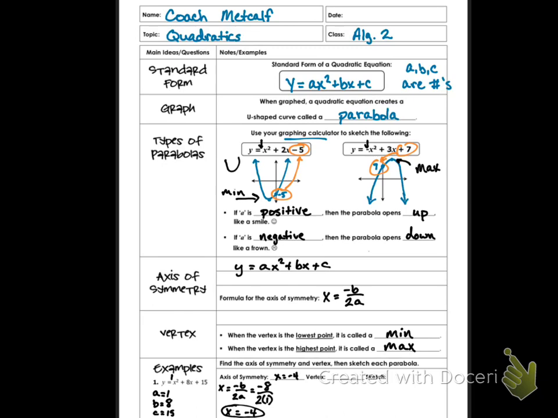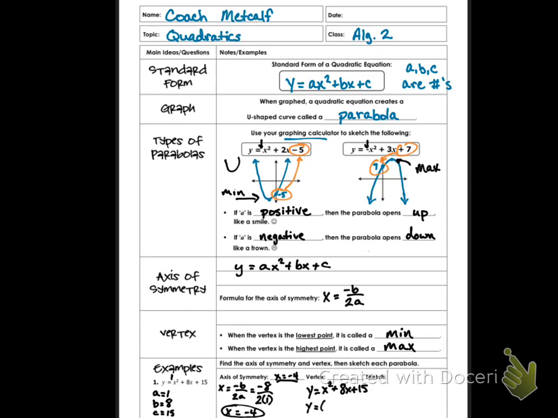All right, now my vertex. In order to find the vertex, so the vertex is always located on the axis of symmetry. And so for that, all we have to do is take whatever x is and plug it into our equation. So if I have x squared plus 8x plus 15, we're going to plug negative 4 in for our x.